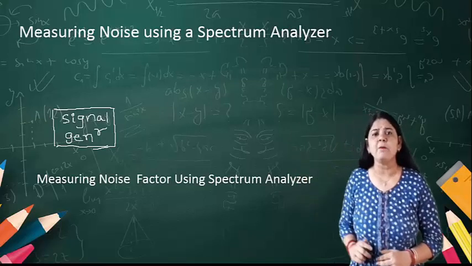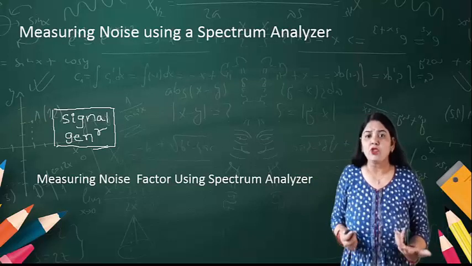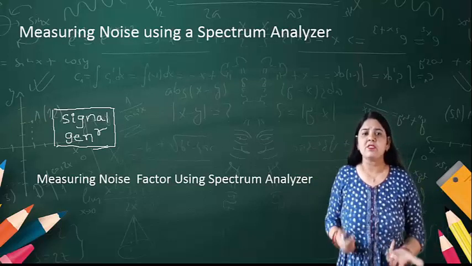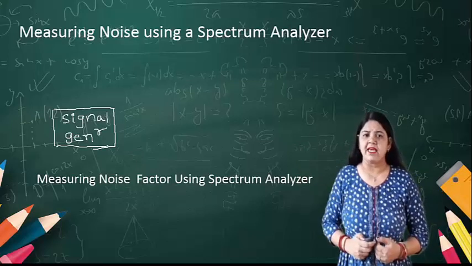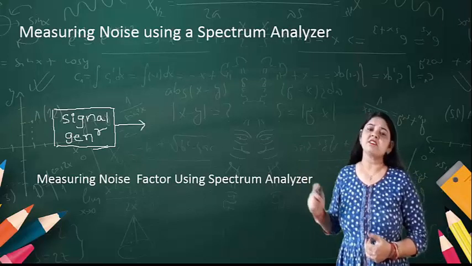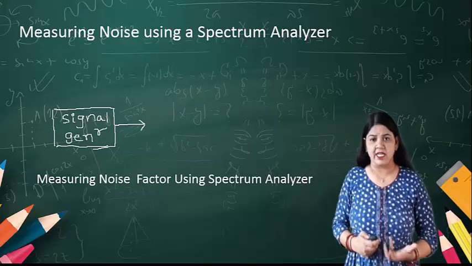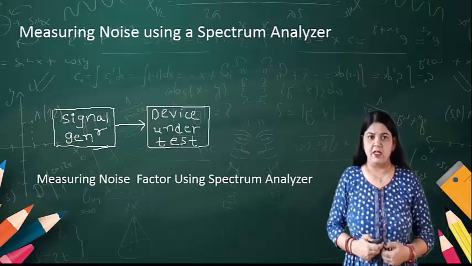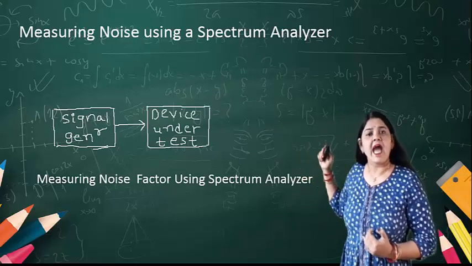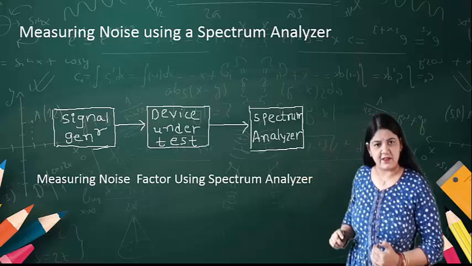Now we will see the block diagram of how to measure noise using the spectrum analyzer. First, the signal generator generates a particular signal. Here we have the spectrum analyzer.